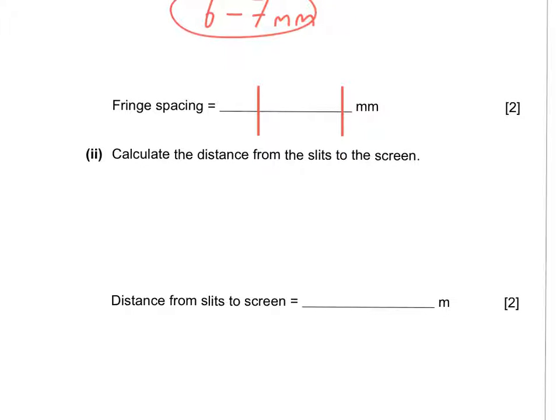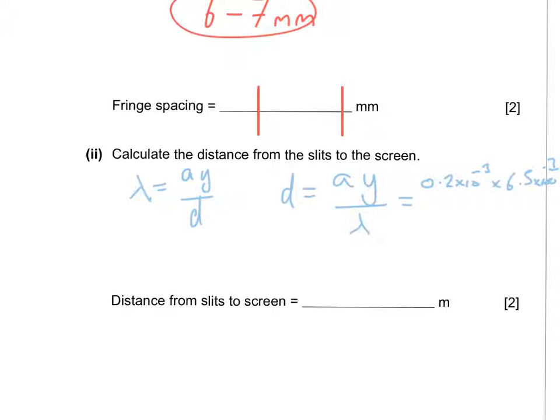Calculate the distance from the slits to the screen. Okay, now we have an equation for this, and it's in the formula sheets. It is lambda equals A Y over D. Distance to the screen is D here. A is the distance between your slits, and Y is your fringe spacing, and lambda is the wavelength of light being used.